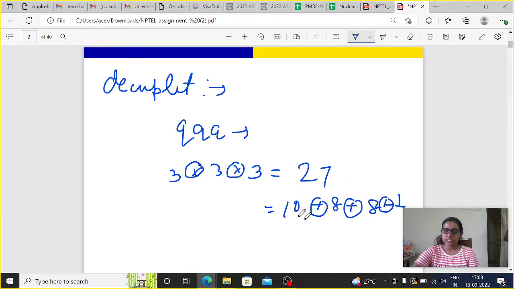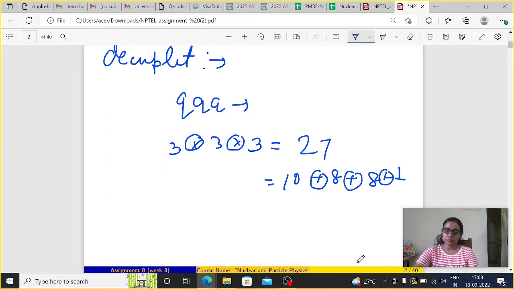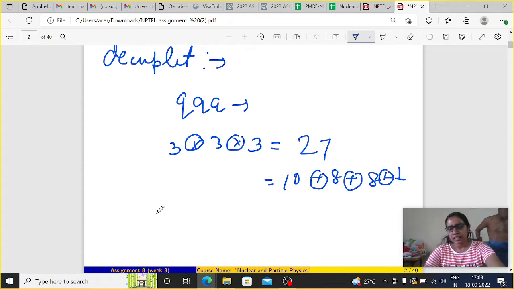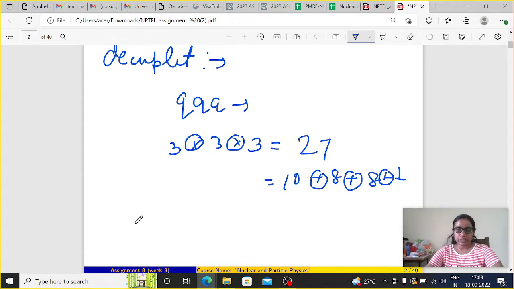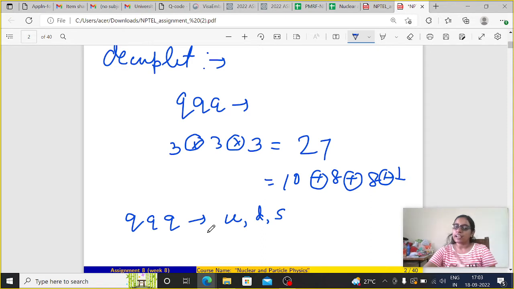So this type of configuration was there. With u, d, and s there will be 27 combinations, and in the previous class I already talked about the 27 combinations. Right now I don't want to talk about them anymore, but I want to tell you something which is very important.